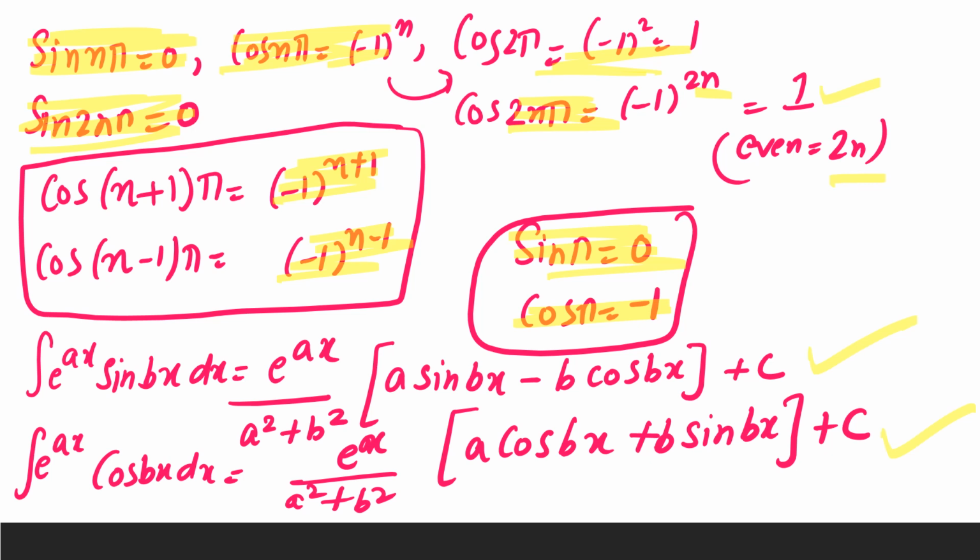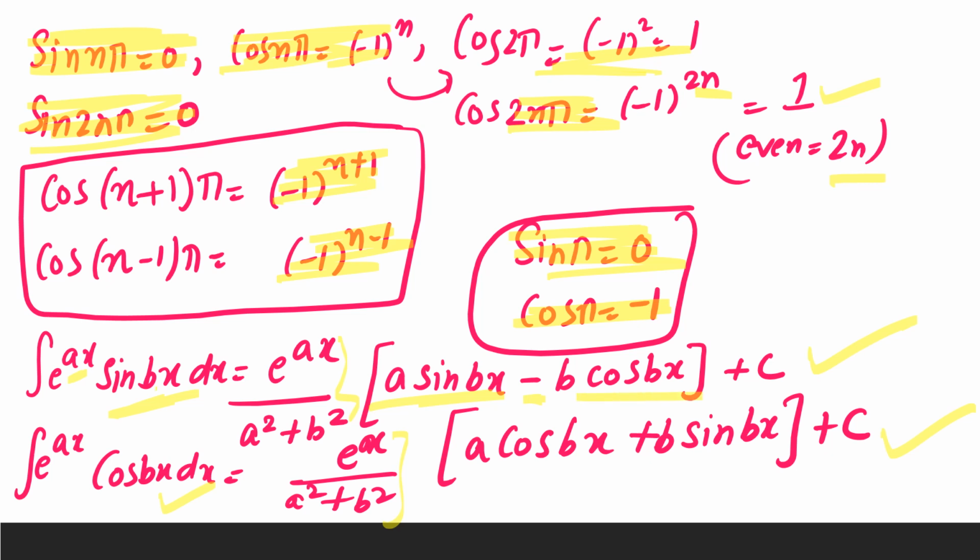And these two formulas will be used for solving an exponential function as a Fourier series, that is the integration of e^(ax) sin bx dx, which is e^(ax) over (a square plus b square), same as in the second formula. This term will remain the same. Then a sin bx minus b cos bx.